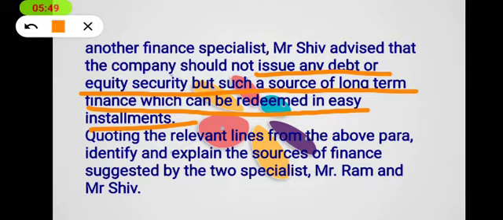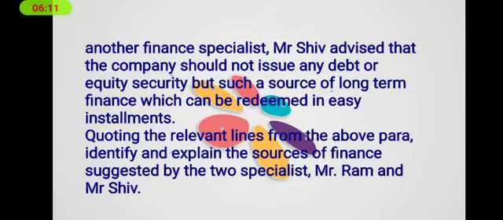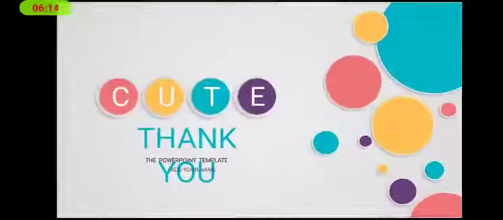That means he is in favor of obtaining funds through loan from financial institution because it is a loan from financial institution which can be redeemed in easy installments and it is flexible in nature. All right. Thank you.